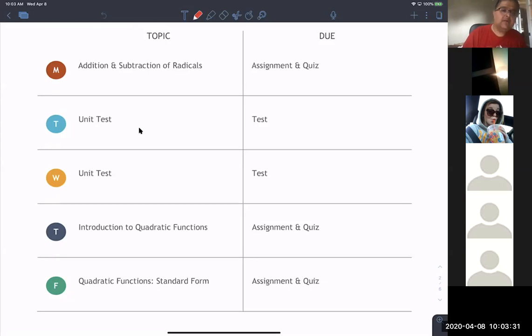Yeah. So next week is your test on all of these radical problems. When you get done with all of the properties of radicals, I'll get a flag next to your name saying that you're ready to take the test, and I will unlock the test for you. Okay. All right.